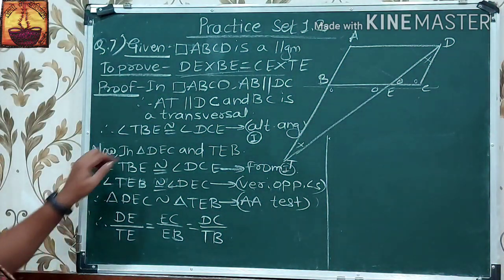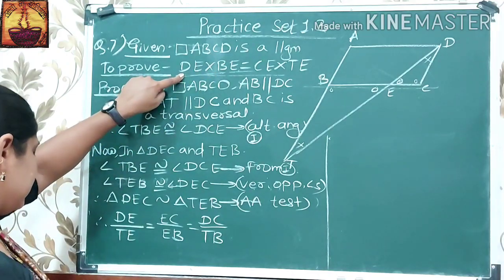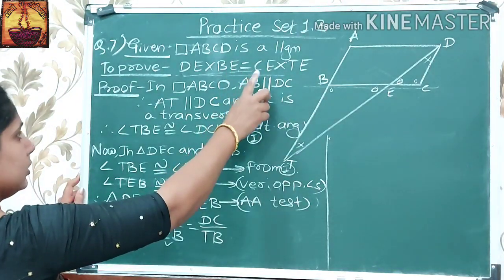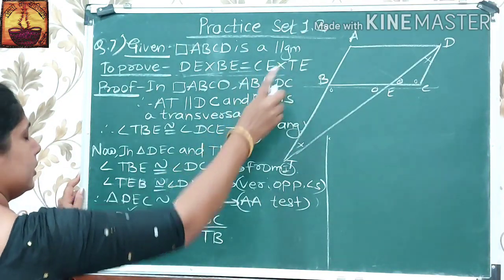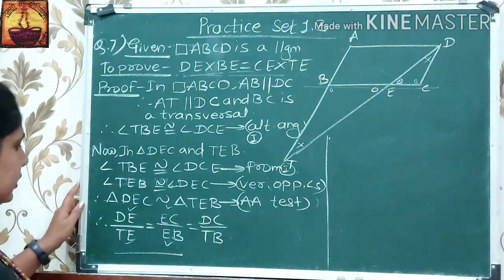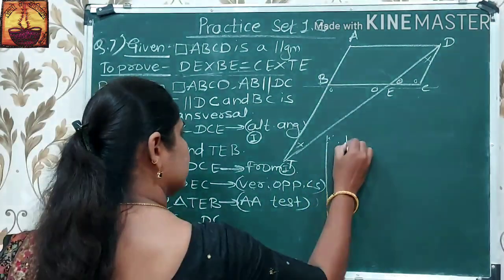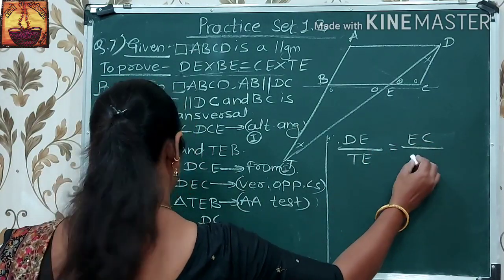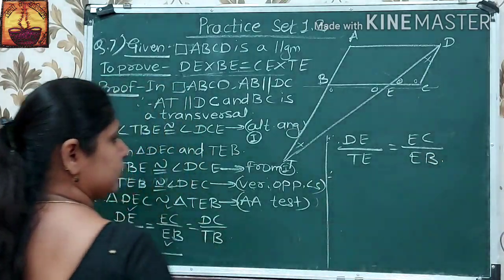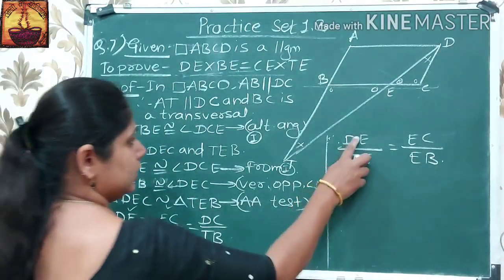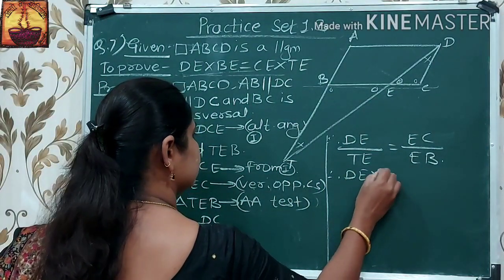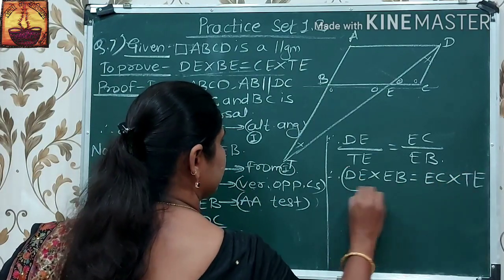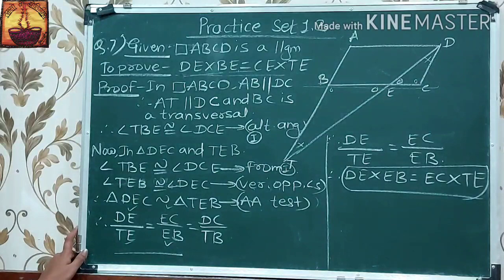Here we take two ratios, DE upon TE is equal to EC upon EB. After taking cross multiplication, DE into EB is equal to EC into TE. Hence, it is the proof.